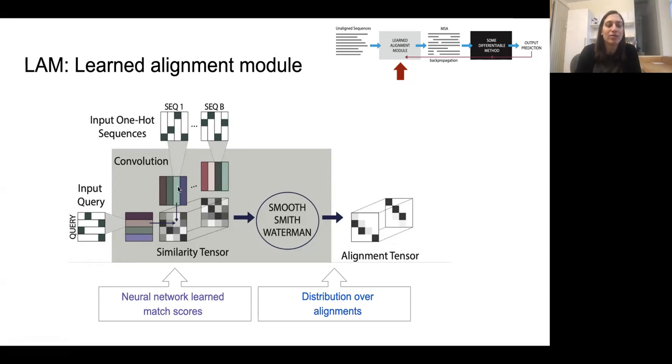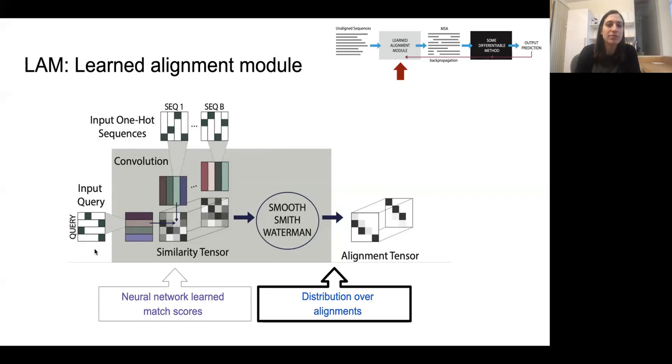Now we have one vector per position that represents both what amino acid was at that position as well as what amino acids were at its neighbors. And then we'll take the pairwise dot product of these vectors. So sequence 1 with the query, sequence 2 with the query, and so on. And that'll give us a set of similarity matrices, which we then input into Smith-Waterman. And now we get a distribution over alignments, where this is a distribution over alignments of sequence 1 to the query, sequence 2 to the query, and so on. And just by concatenating, this gives us a distribution over multiple sequence alignments.